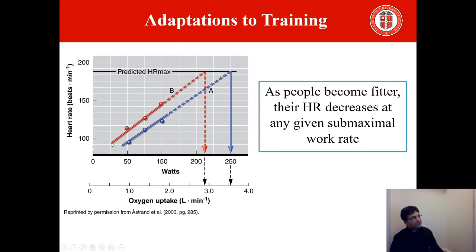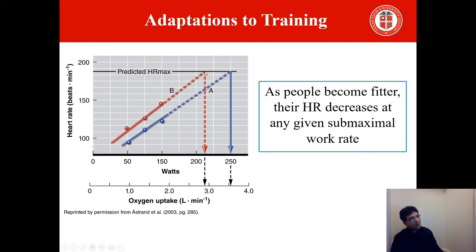In this graph, the line highlighted in red is of an untrained individual, and the line highlighted in blue is that of a trained individual. If you see the power, let's say it's 210, we can see that to achieve a power of 210, a person who is untrained, in red, will need a heart rate of approximately 185.